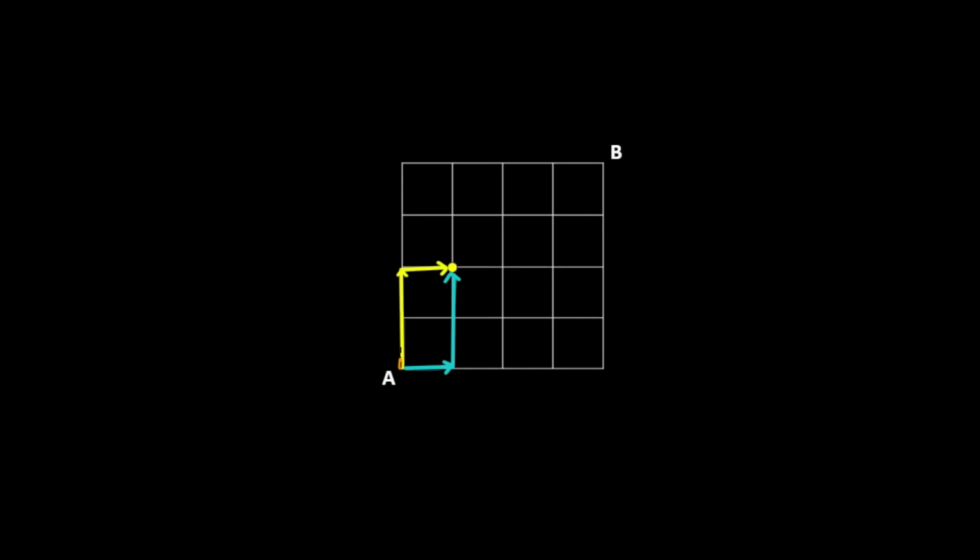If we go up, and then we go right, and then we go up. Looks like there will be 3 possible paths, starting at A and getting to that yellow dot. And again, of course, that's only going up or to the right, are the only motions that we can take.